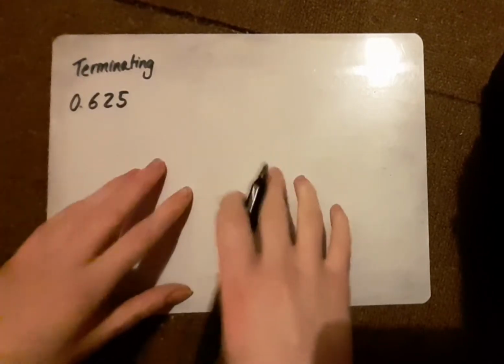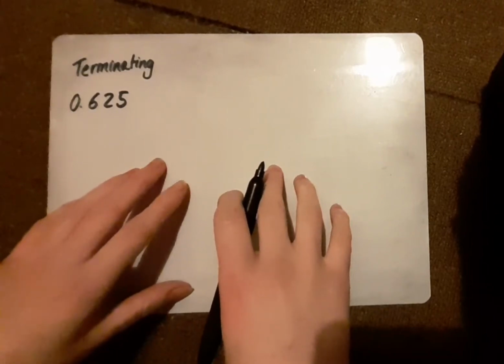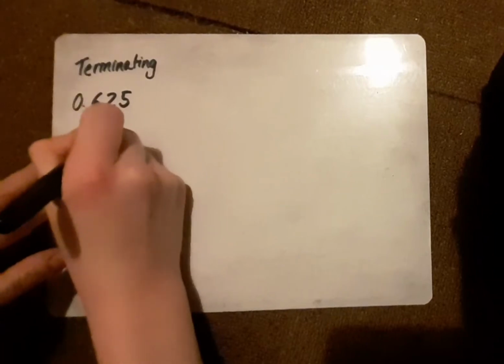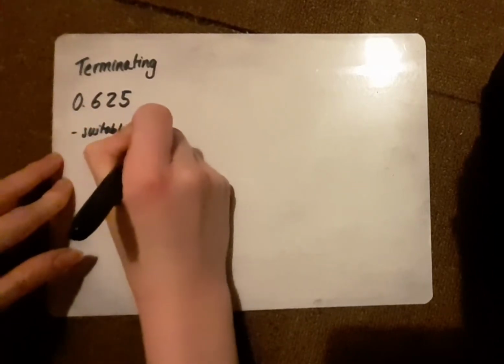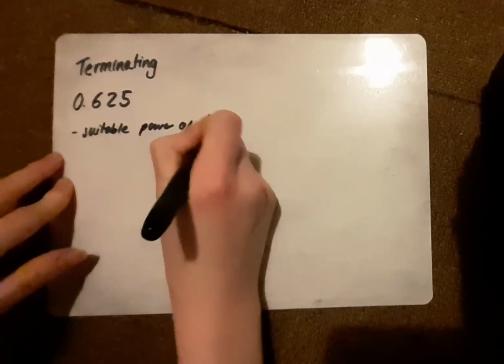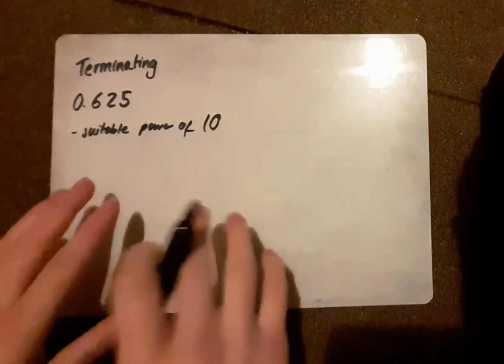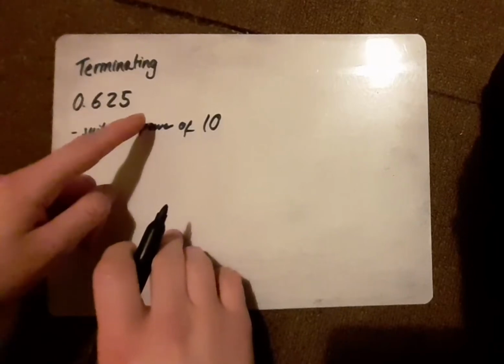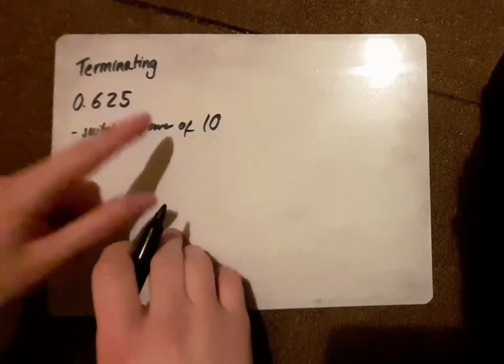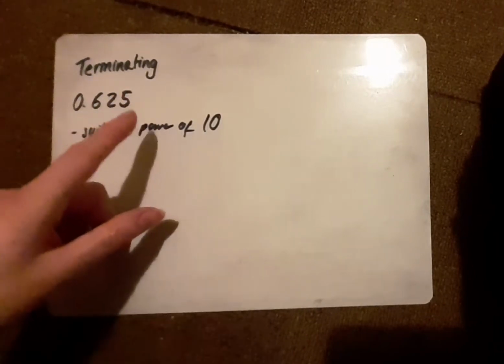0.625. Now the first thing we need to do here is to put it over a suitable power of 10, such that every single digit will be positive. So in order to make 0.625 positive, or in other words 625, we need to multiply it by 1,000.